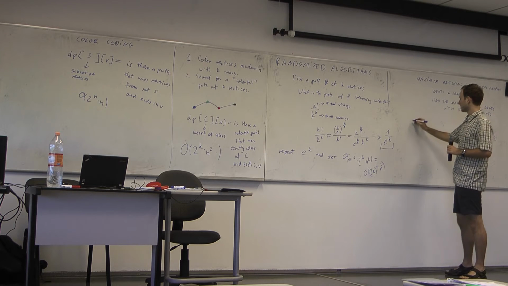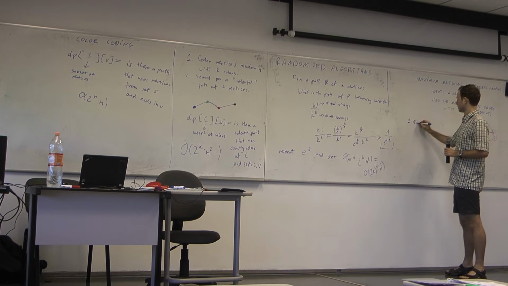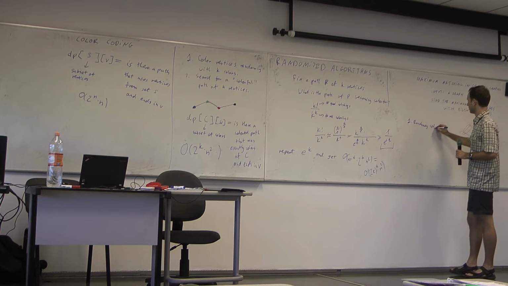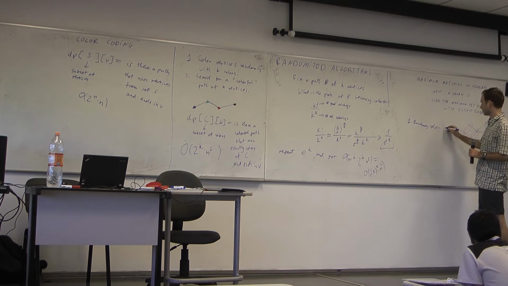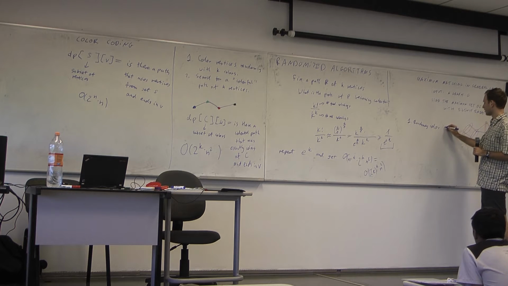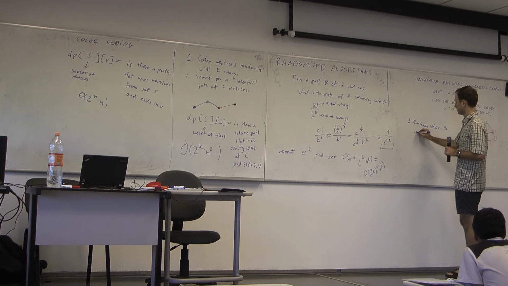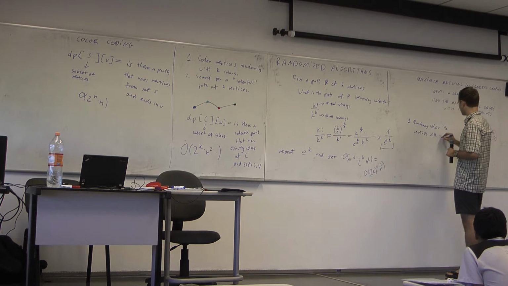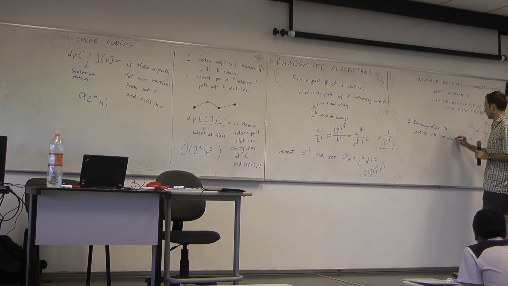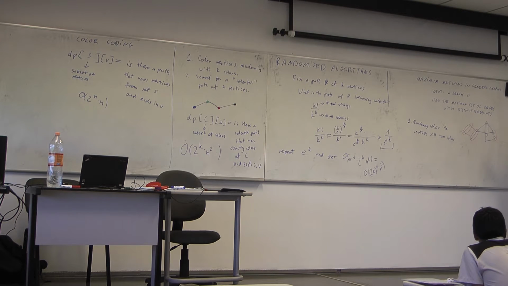So what we do here is we randomly split, I'll say color, so that I'm consistent with what we did before. So we randomly color the vertices with 2 colors. Basically, for every vertex, we toss a coin and say that it's black or white, depending on the result.